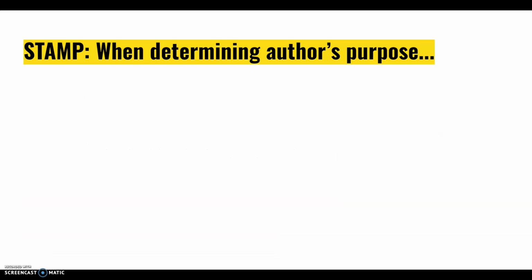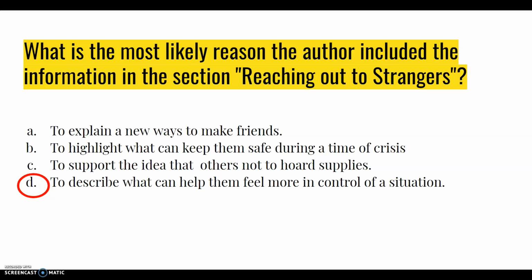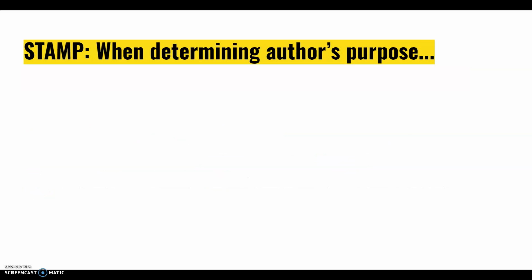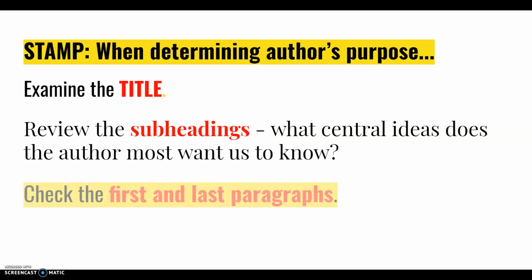And I quickly want to go back to this question because I am asking you, what is the most likely reason the author wrote this section? And so instead of using the title, I'm going to focus more on the subheading. What does the author want me to know about reaching out to strangers? But I can still use a lot of the same strategies that I taught you here.